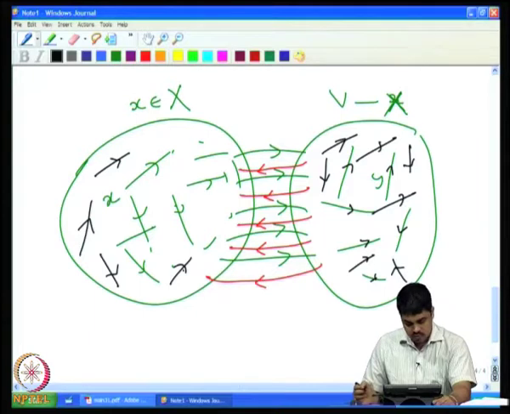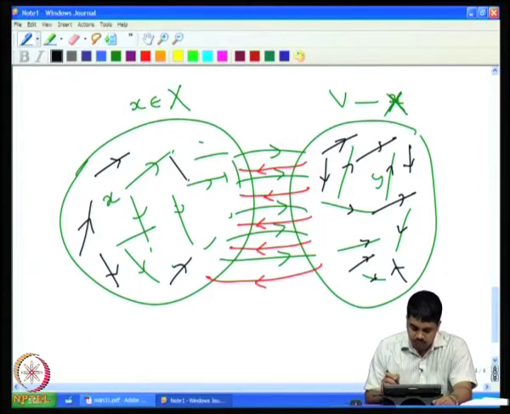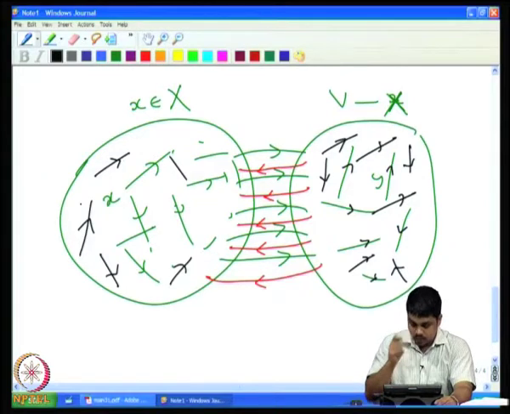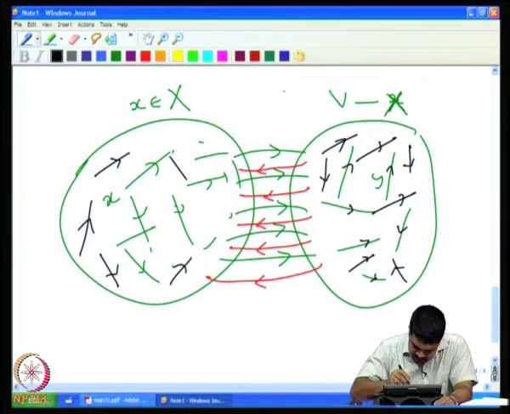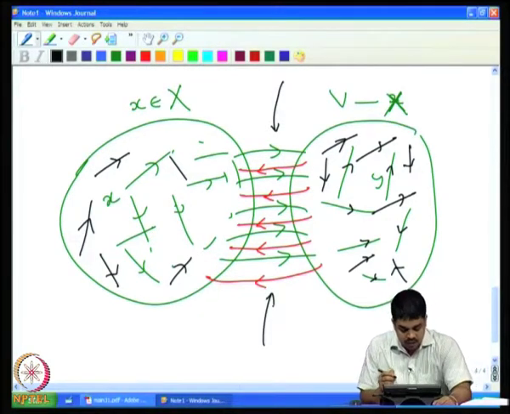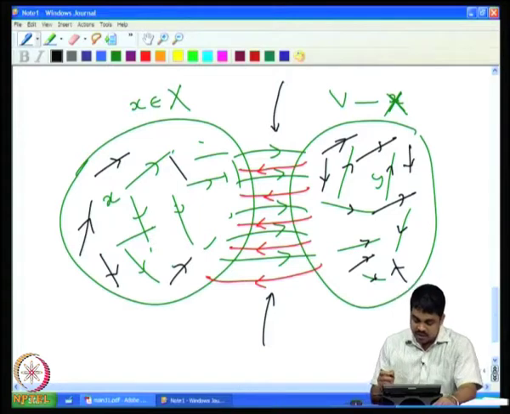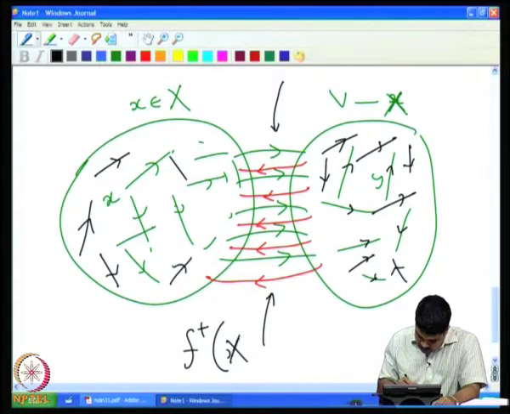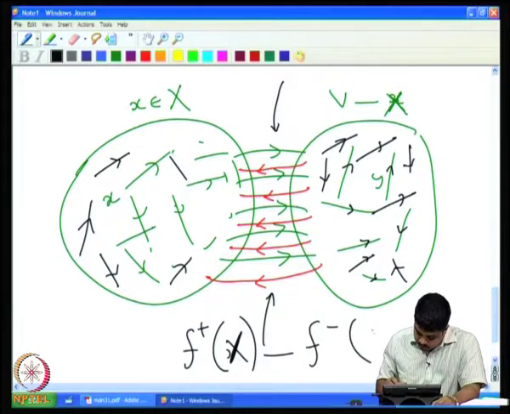Now, what will we expect? Suppose from the source the commodity is flowing into y. We would be interested in the value of the flow here. What is meant by the value of flow at this cut is how much is the outgoing flow here, namely f plus of x minus f minus of x.